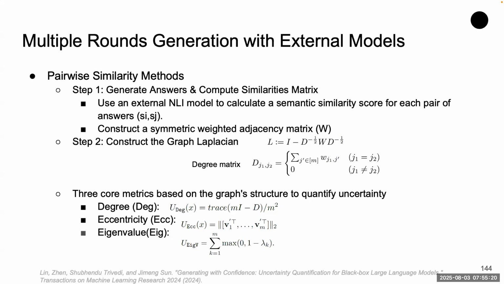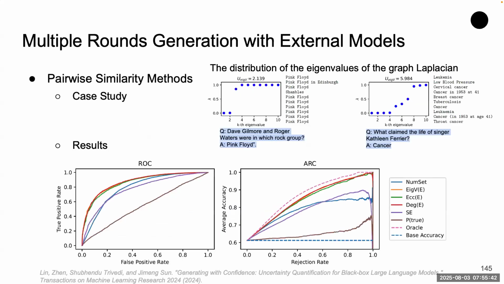So they have different ways of defining uncertainty with eigenvalues or the traces. And then I think they find this one is the best one, the eigenvalue one, defined by the sum of 1 minus all the eigenvalues to get the uncertainty. So they have an analysis for the distribution of the eigenvalues here. For this question, I think the question is Dave and Roger were in which rock group? The answer is Pink Floyd.